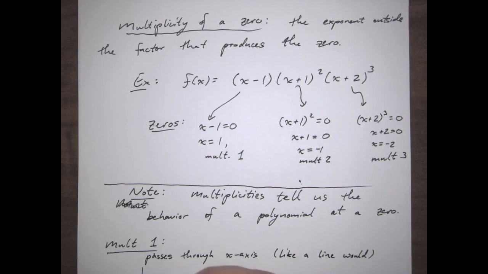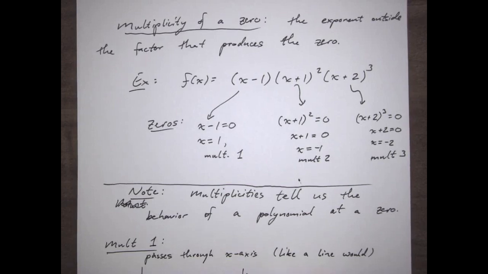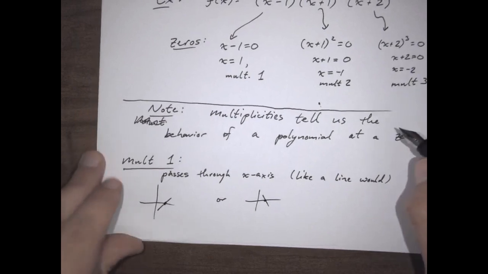So it goes straight up through, or it goes straight down through. Multiplicity 1 means it behaves the way a line would.